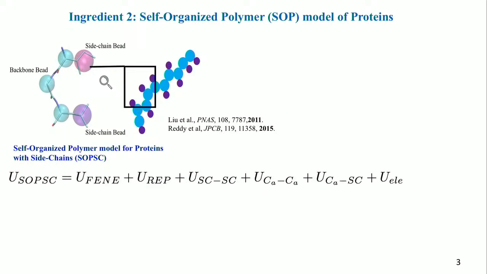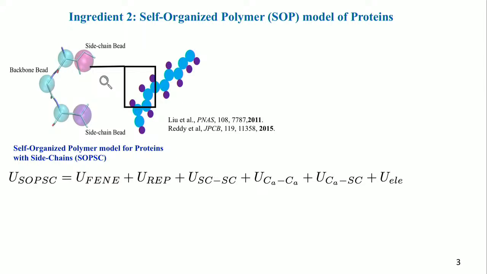Here the potential energy function looks like this, where there's a FENE potential which describes the chain connectivity between your different amino acid residues. There's a repulsion term which again prevents unphysical chain crossing, and these are the 3 very important interaction terms which define the non-covalent interactions between the side chains, C alpha, and C alpha side chain beads.